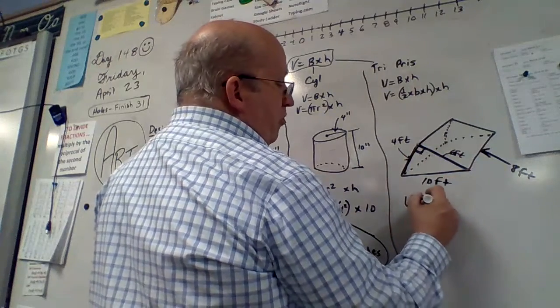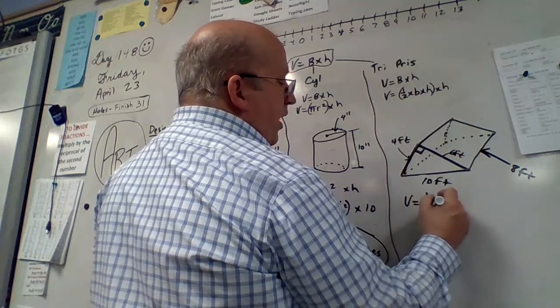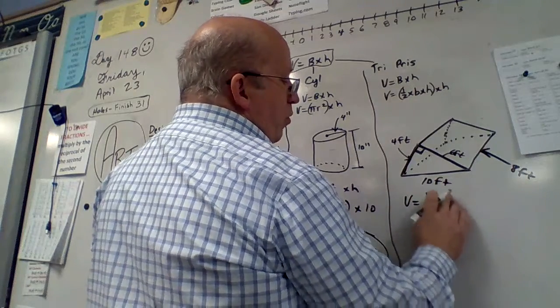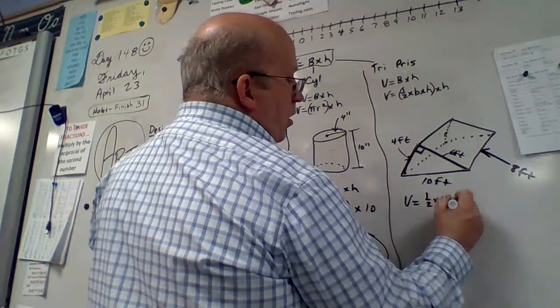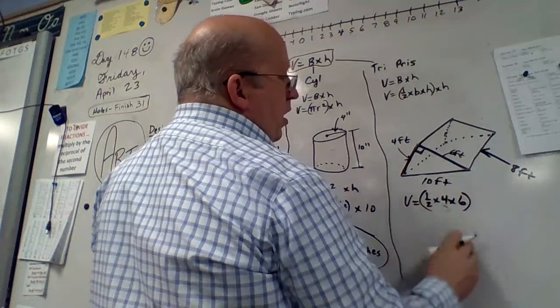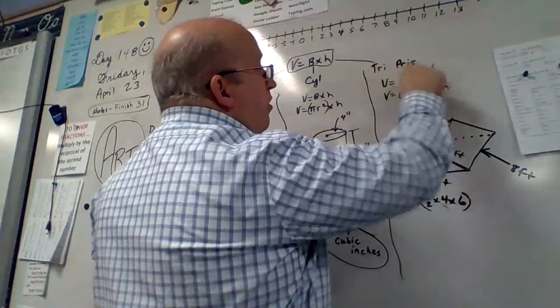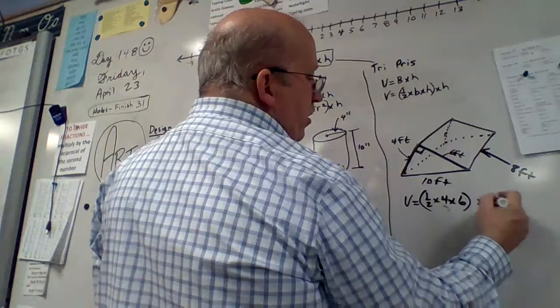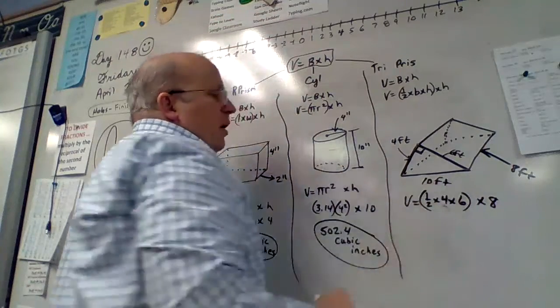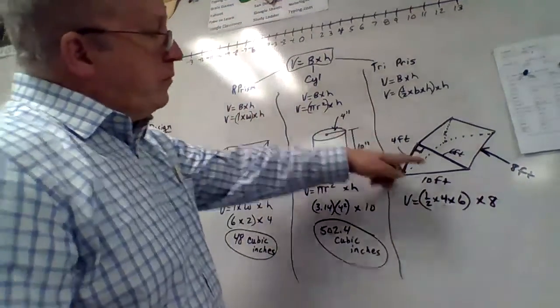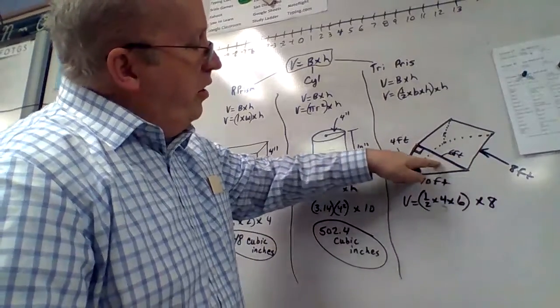So in my situation here, I'm going to write 1/2 times 4 times 6. And then the height of the entire prism, that's the 8 over here. Okay? The 10 we're not even going to use at all.